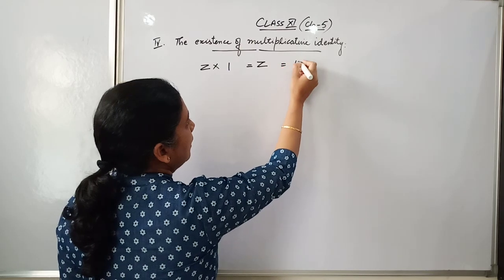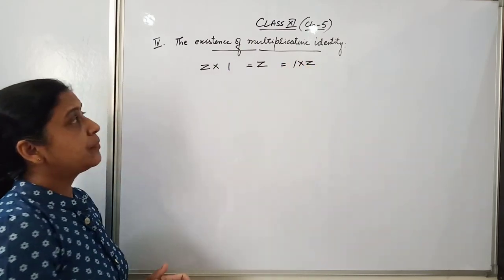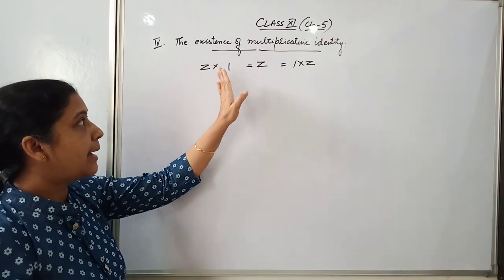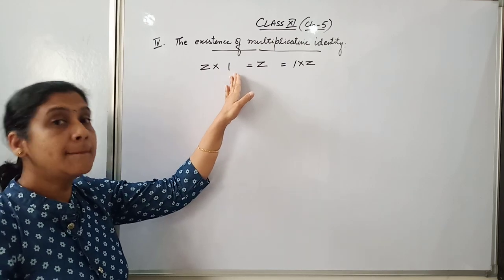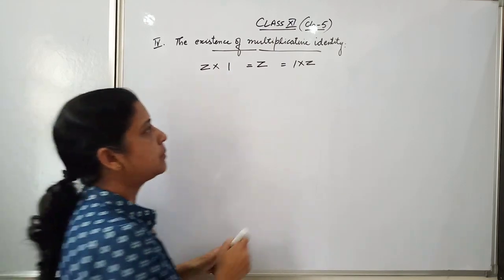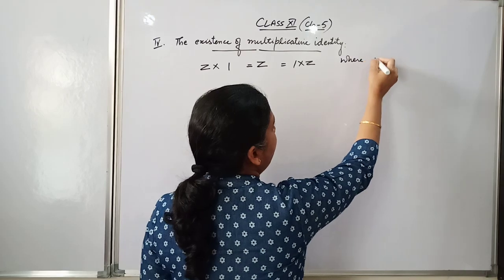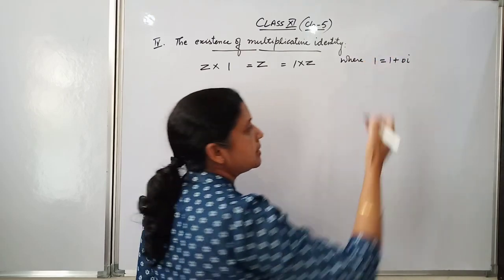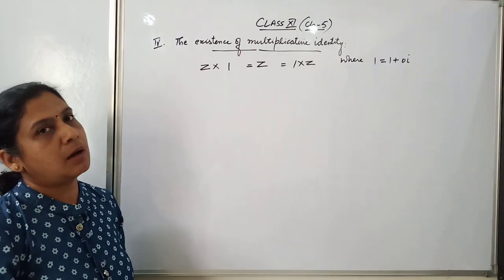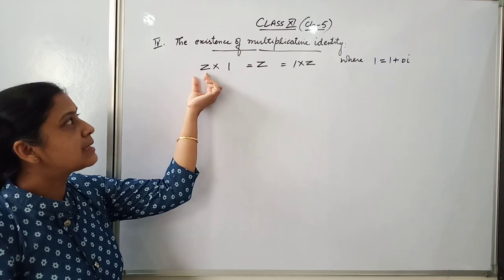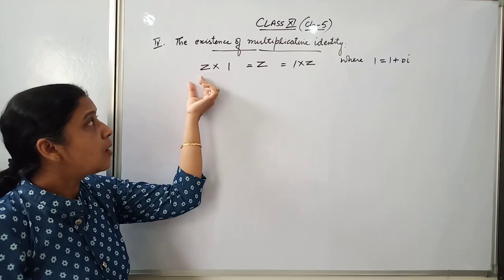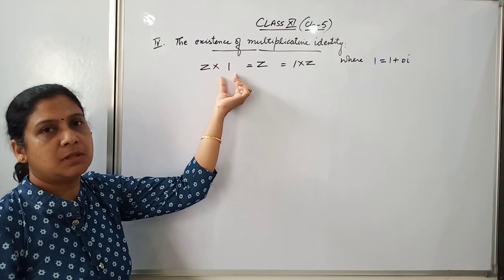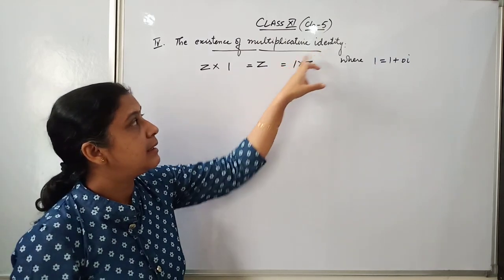So now problem is that this is a complex number, so I should have this number as a complex number only. Which is not a big problem because anytime 1 can be written as 1 plus 0 iota. So it means I have multiplied Z with 1, a complex number with another complex number, so that the result is identical.